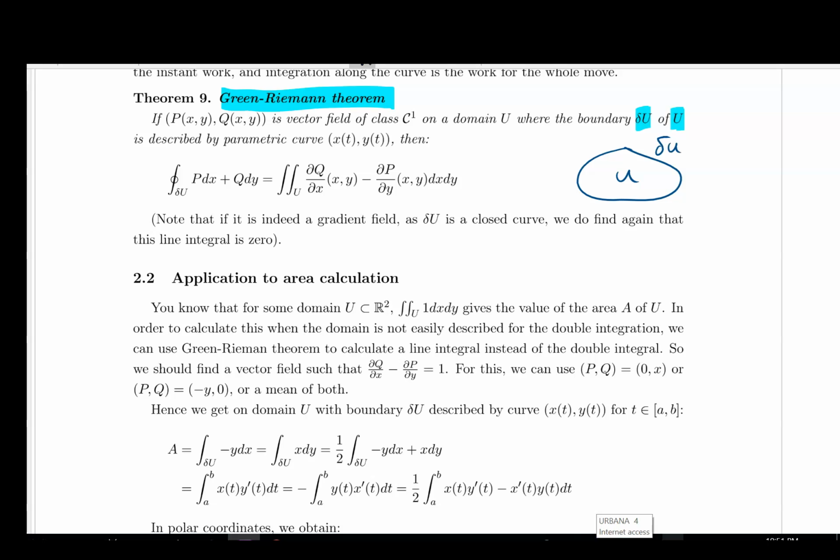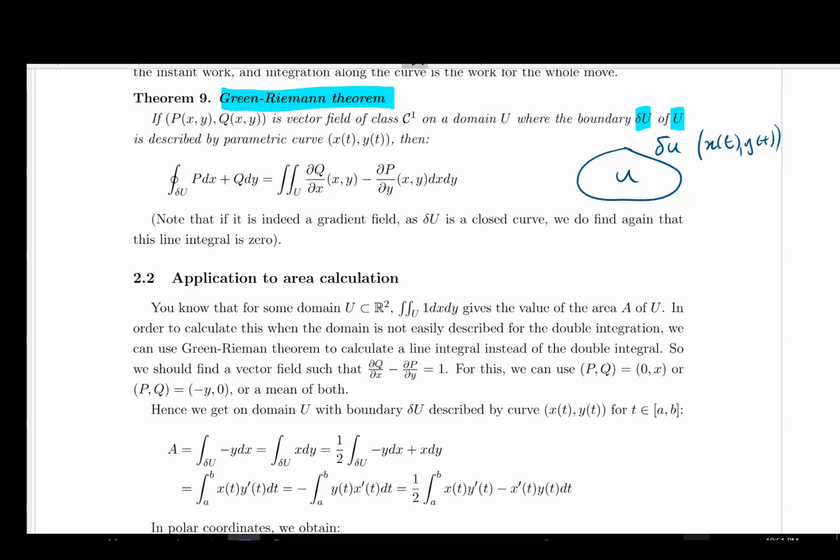Okay, so let's assume that this delta of U can be described by a parametric curve. So usual notations, it's going to be described by x of t, y of t. So the contour of this domain can be described by a parametric curve. In that case, what is the theorem telling you?